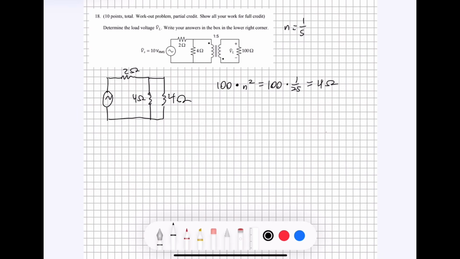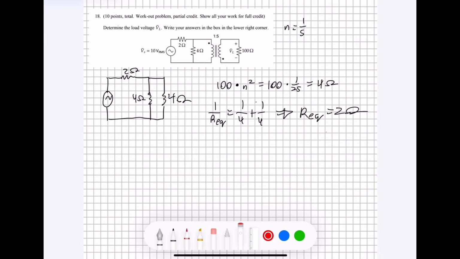Now we want to do some resistor combining, which should be pretty easy. At this point in our ECE 2K1 learning, we know the equivalent resistance of these two parallel 4 ohm resistors, we use this equation to solve it, and when we do that, we get an equivalent resistance of 2 ohms.